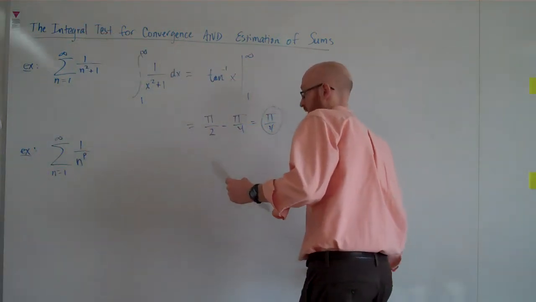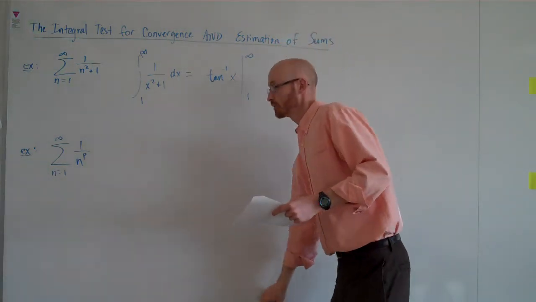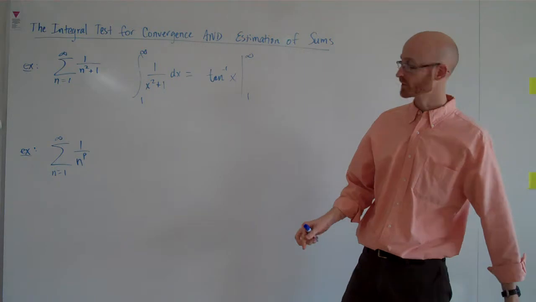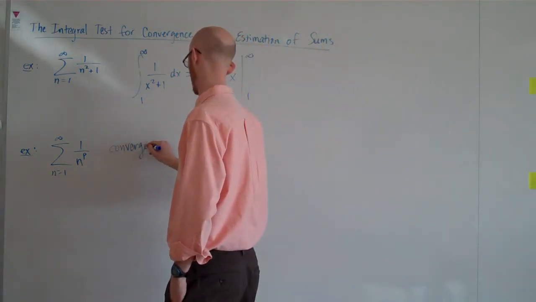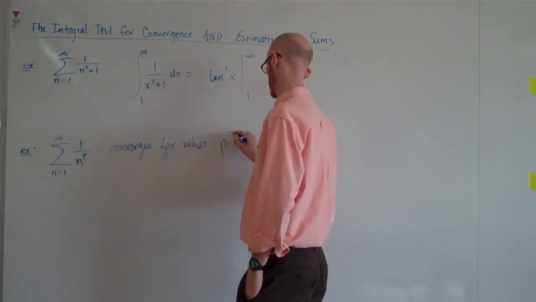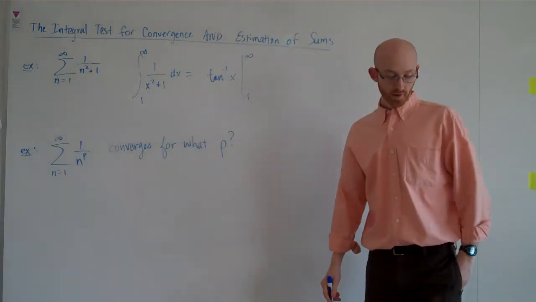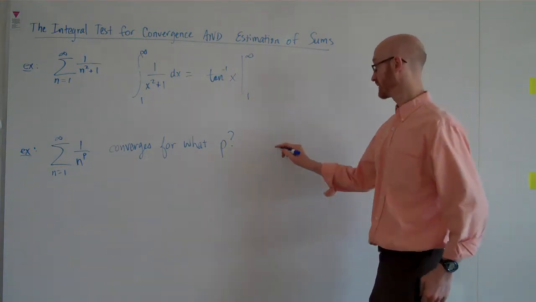Okay, that says 1 over n to the p. So p can be anything, and the question is, this thing converges for what values of p?